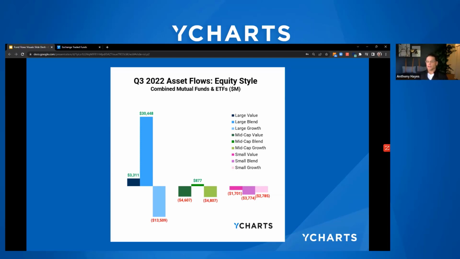The only other category in net inflows within the 9 equity style boxes was mid cap value, which traditionally has great risk adjusted returns, and you still only saw under $1 billion in inflows there.